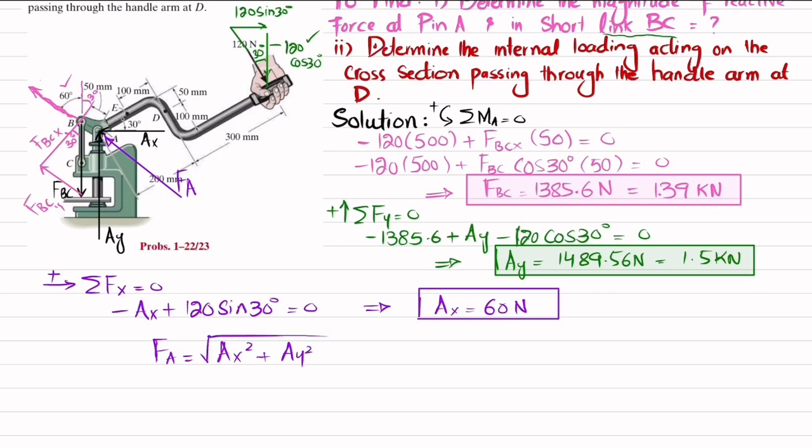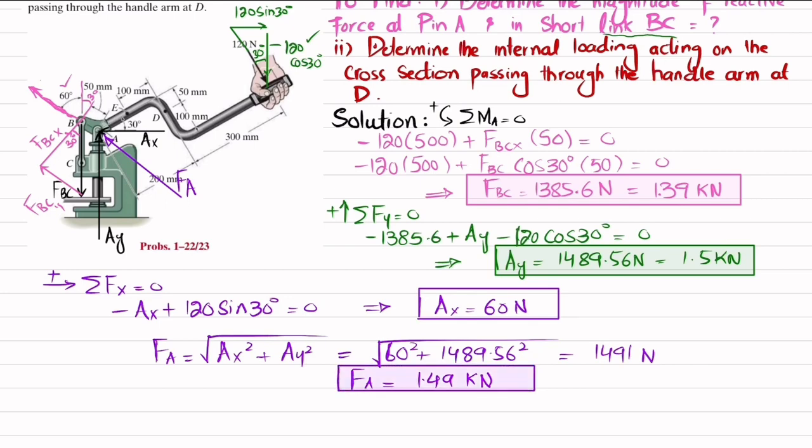So put the values: AX is 60 square plus AY is 1489.56 square under the root. So when you calculate, it will be 1491 Newton. Or you can say that force at point A will be equal to 1.49 kilo Newton.